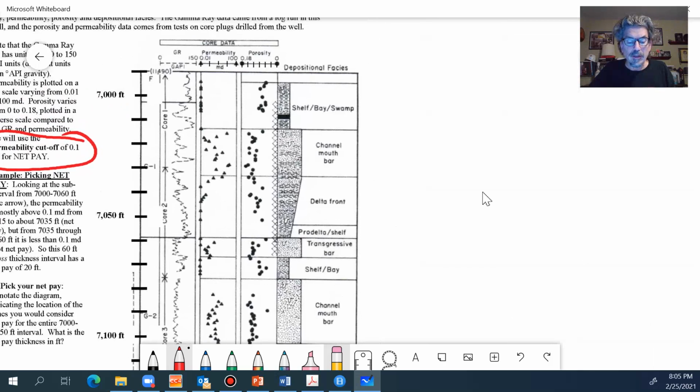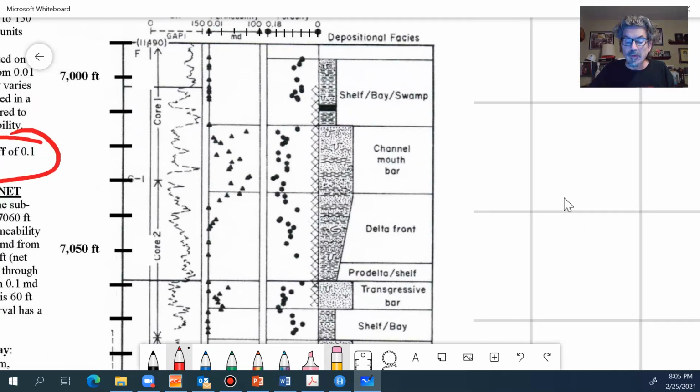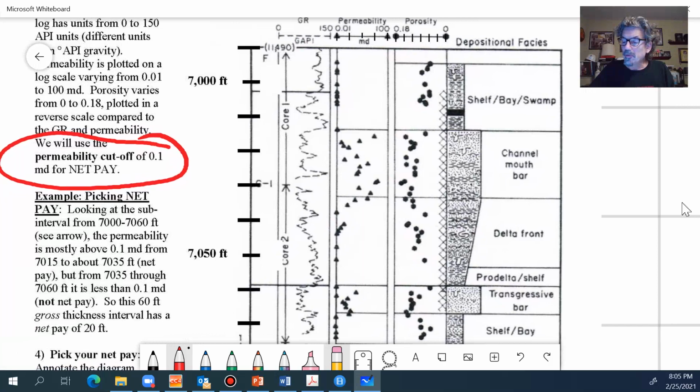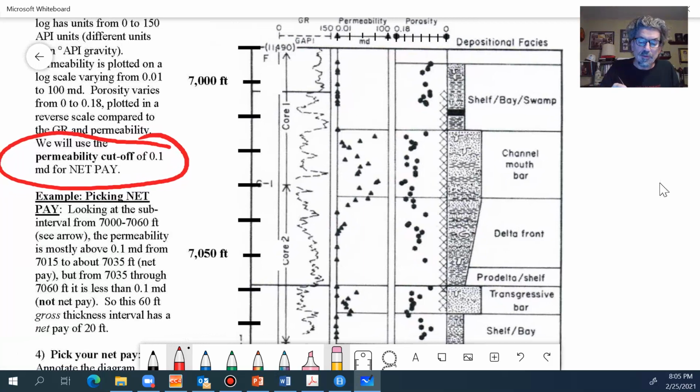We're doing this example which runs from 7,000 down to 7,060 feet. And permeability of 0.1 millidarcies. So I'll get that about right here.